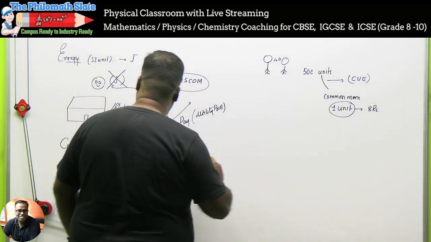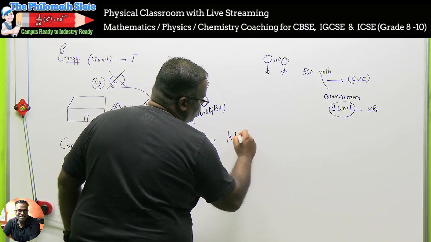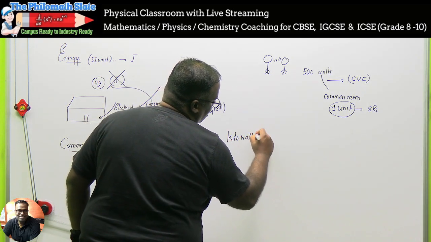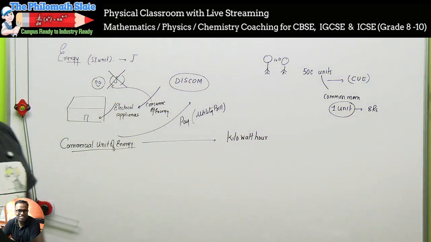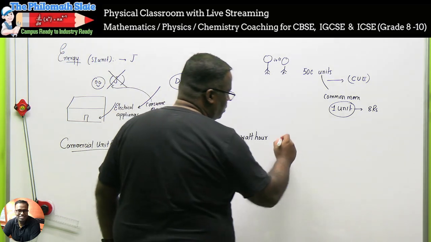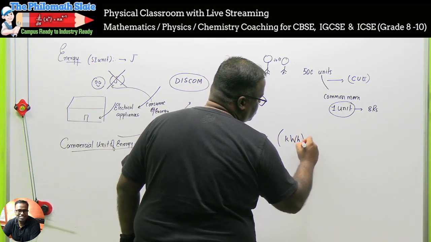The commercial unit of energy worldwide is the kilowatt hour. A strange thing, see, denoted by k in small, W in capital, h in small: kWh.